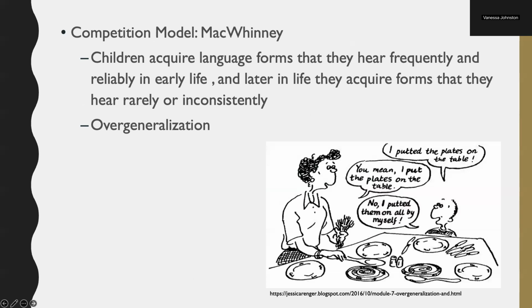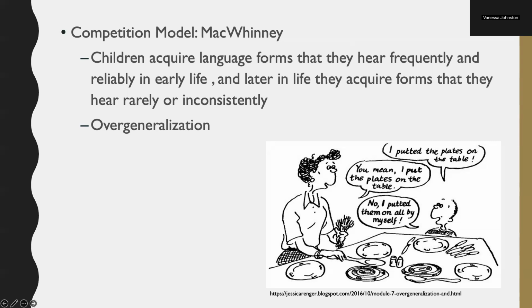The competition model theorizes that children acquire language forms that they hear frequently and reliably early in life, and then later in life, they acquire forms that they hear rarely or inconsistently. So the concept of overgeneralization highlights the competition model, in that with reliable ongoing exposures to a word or word form, the correct representation of the word is strengthened.